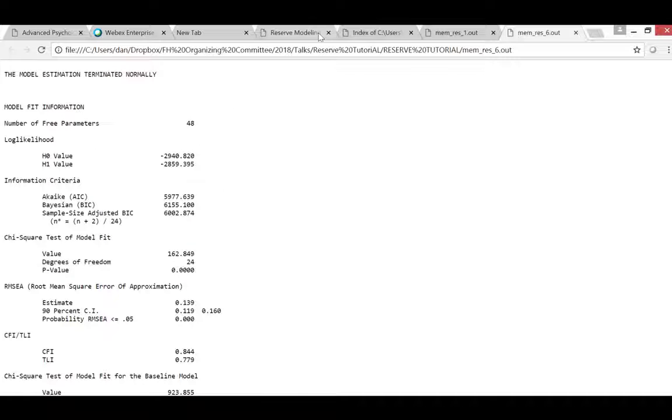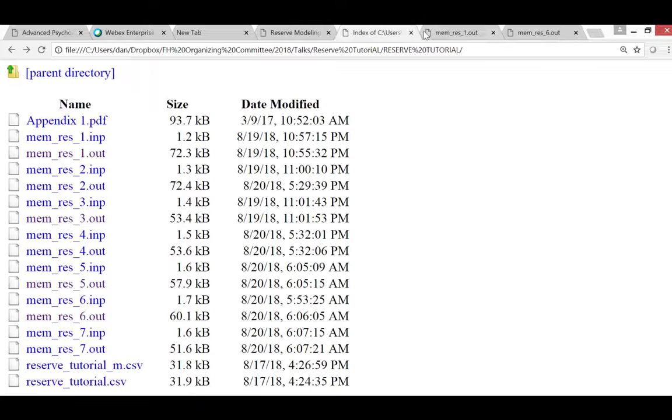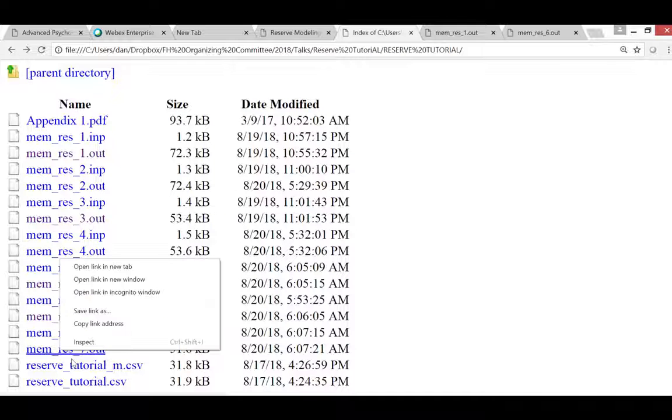Model fit is not very good, so this is something you would want to really look into and see why this isn't so good and what the problem is here. But this model estimates. It's fine.